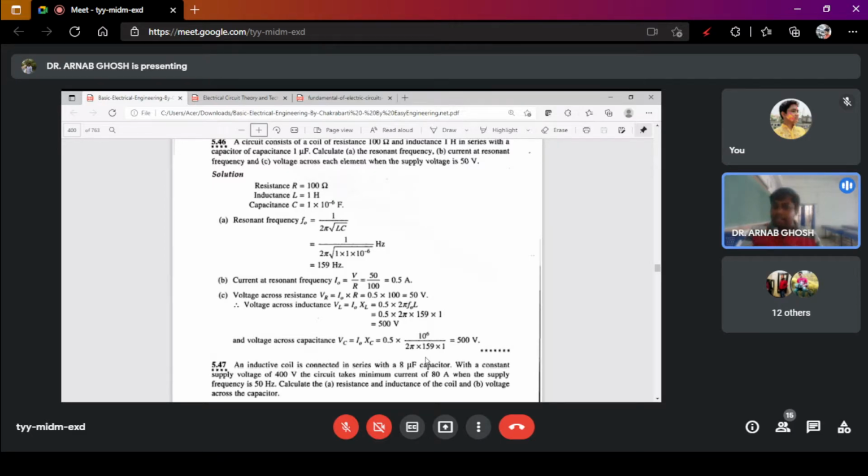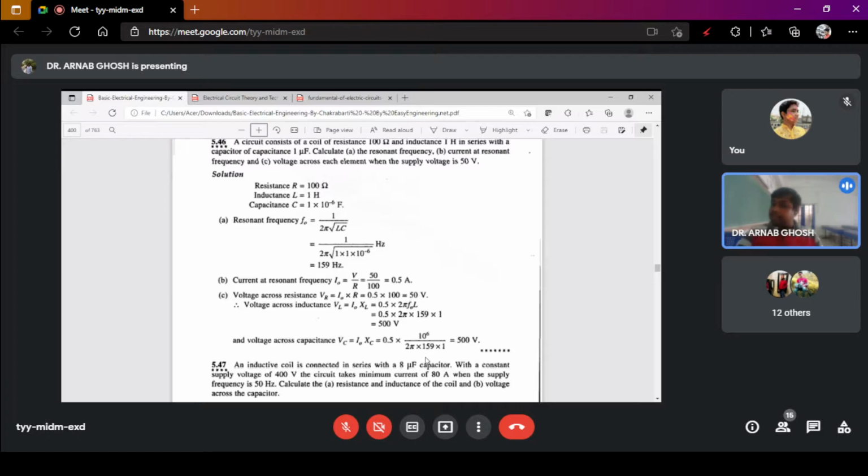I explained this last day. So when you are calculating the voltage across inductance and capacitance, you will see that the voltage comes out to be 500 volt.